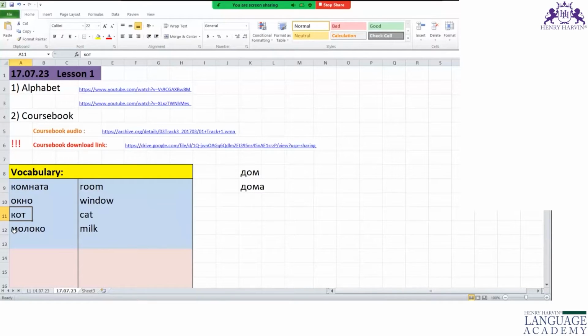It's a clear O. Молоко, three letters O. Only the last letter O is stressed. That's why the first two I pronounce as A. Молоко. Okay, one more time. Pay attention how I pronounce it. Комната, окно, кот, молоко. Okay.